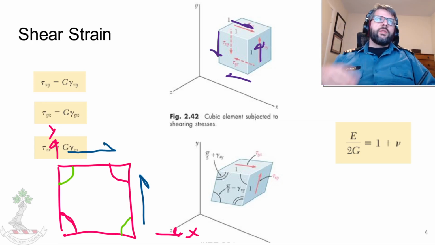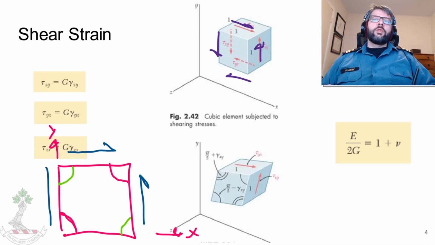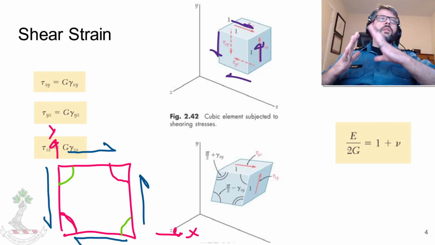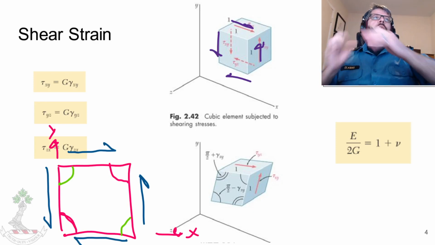And then on the negative x face, we have a force pushing in the negative y direction, and on the negative y face, we have a force pushing in the negative x direction. So if we've got positive shear, then we want that positive shear to result in positive strain.